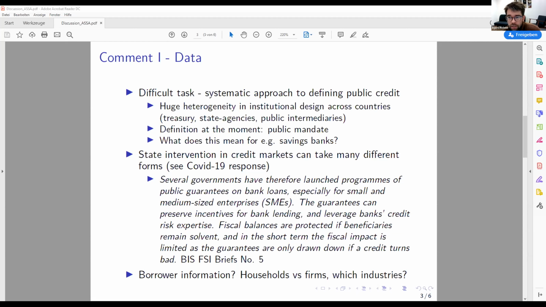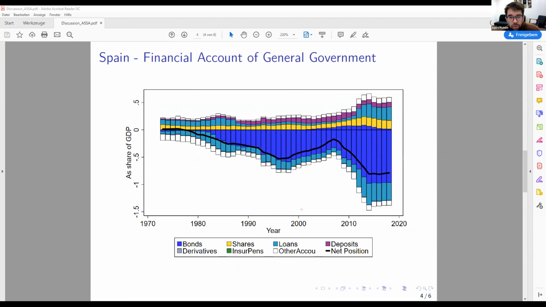And what I was interested in, and I didn't understand it in the talk: do you have information on the borrowers? And in particular, is the series defined based on lending to households and firms? Because that is the kind of definition usually applied in these other data sources. I became interested in this because I'm currently working with financial accounts data. What I'm showing you here is the financial accounts of the Spanish general government.